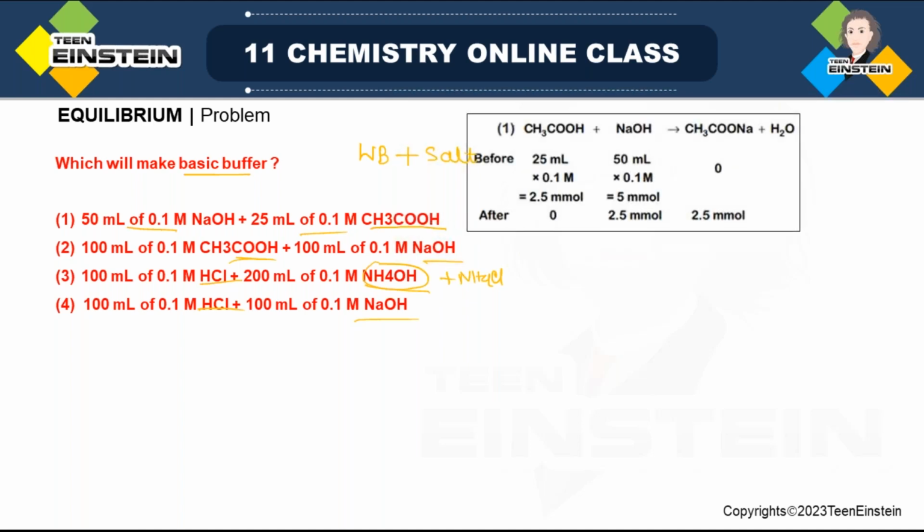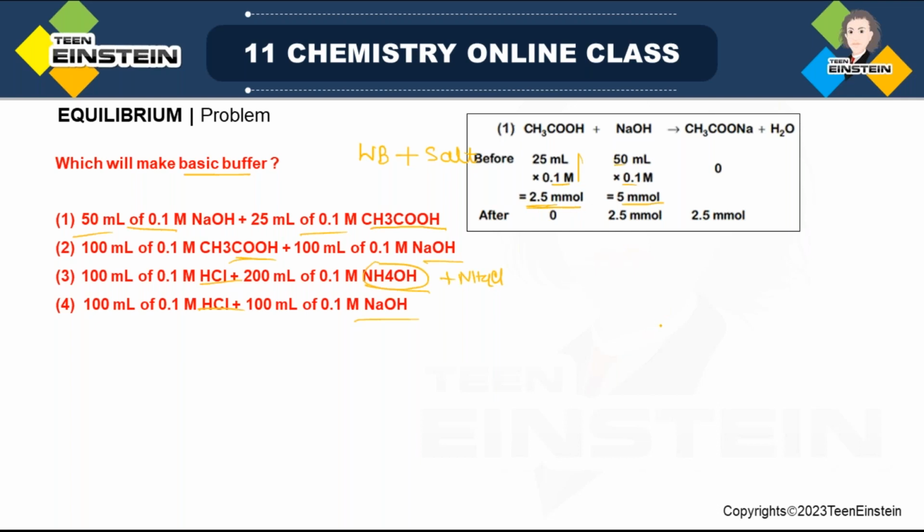So the first one, acetic acid and NaOH. Here the volume is 20 ml and 25, and this is the molarity. When you multiply, you get the number of millimoles of acid, and 50 times 0.1 gives 5 millimoles of NaOH. Sorry, the limiting one is 2.5.